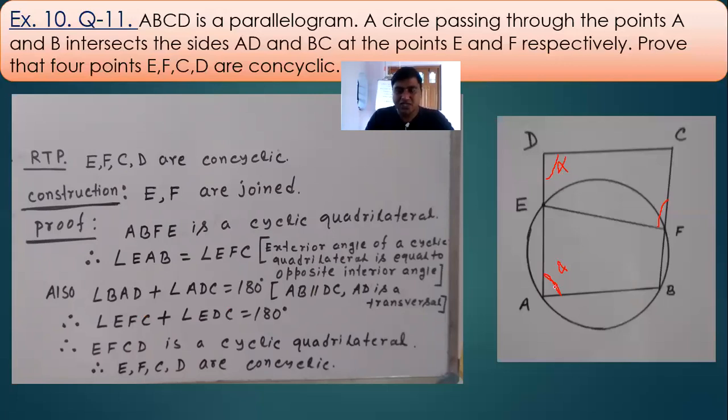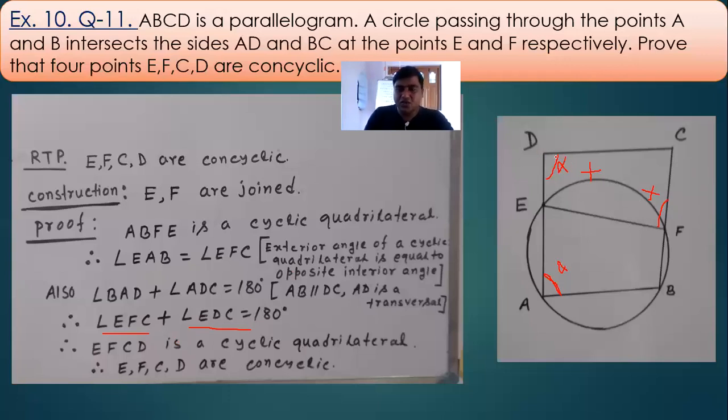But we know this angle equals this angle. So therefore, putting the value of angle BAD, angle EFC plus angle EDC, this angle plus this angle is 180 degrees.